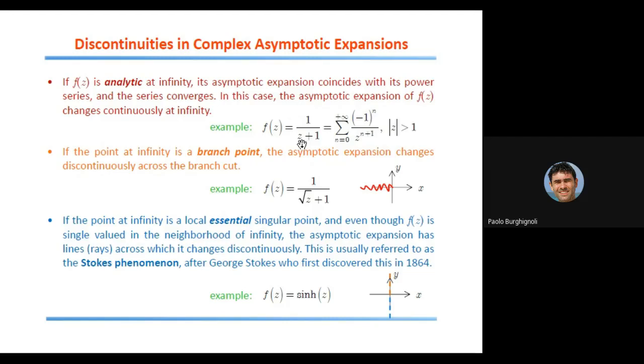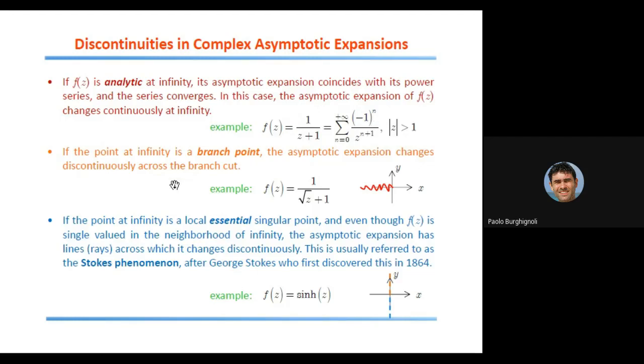Okay, so we cannot expect this kind of expansion to hold everywhere in the complex plane, but that's not a problem if we are interested in obtaining asymptotics in the large z limit, because z will be large in absolute value, so we don't need to cover all the plane, but only a neighborhood of infinity.